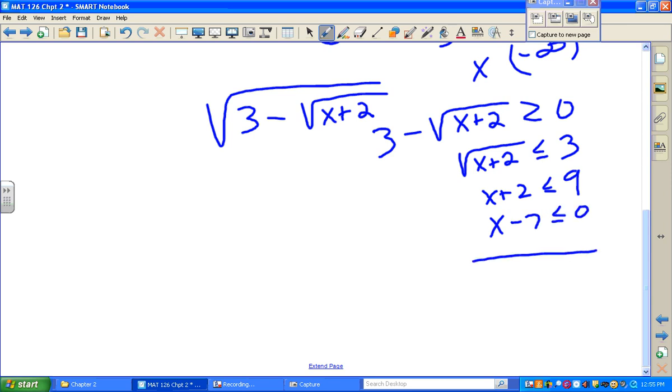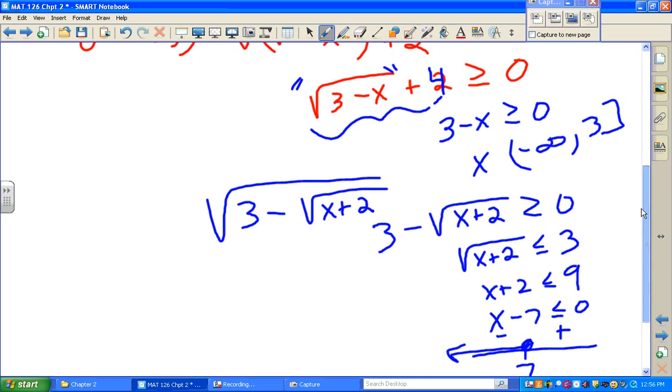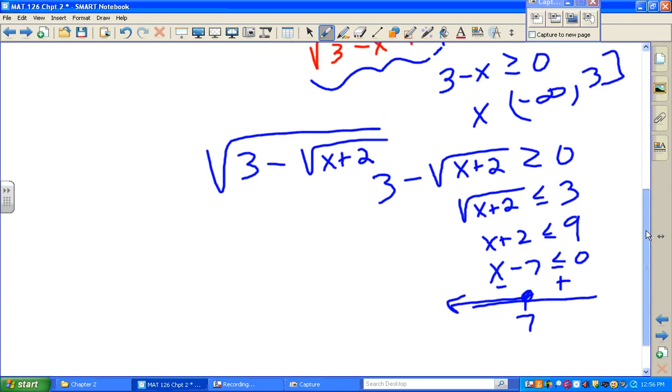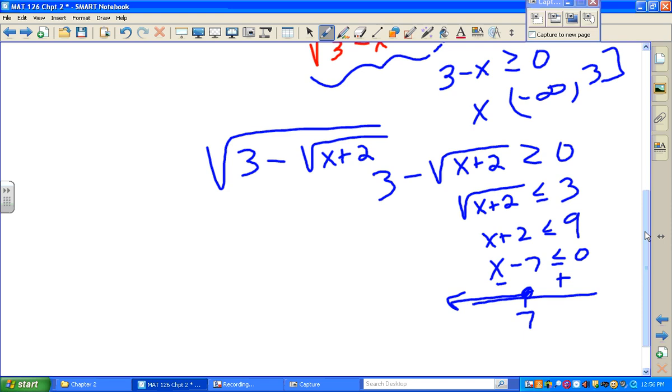Right. 7. And it'd be a closed circle going this way, because that'd be the negative region, that'd be the positive region. Yeah. Negative 3? I don't know. I know, so if I put in like negative 10, that wouldn't work, would it?